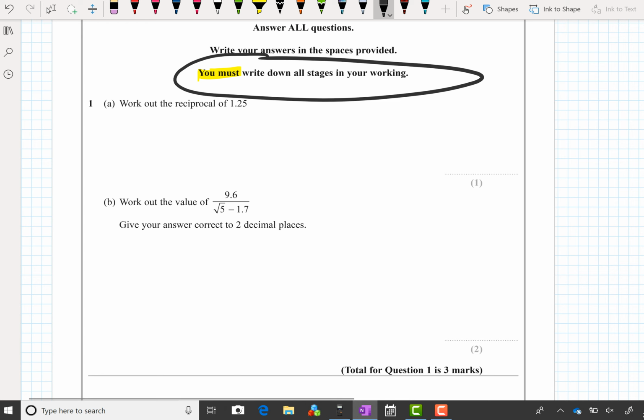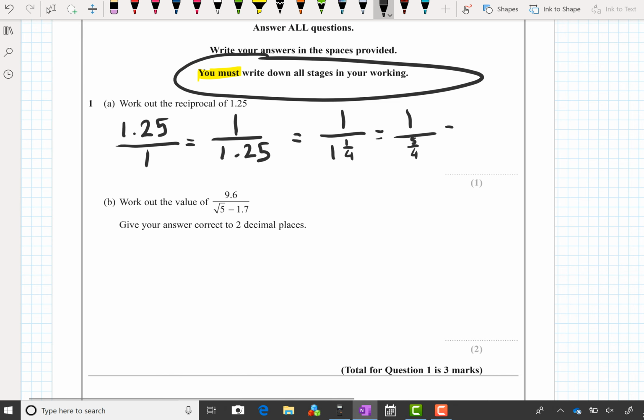Work out the reciprocal of 1.25. Finding the reciprocal of pretty much any number is essentially inverting it, flipping it if you like. If you recall, any number is technically divided by 1, but we just don't write that. If we flip this, this will be 1 over 1.25, which is 1 over 1 1/4, which is 1 over, technically 1 divided by 5/4, which is actually 4/5.